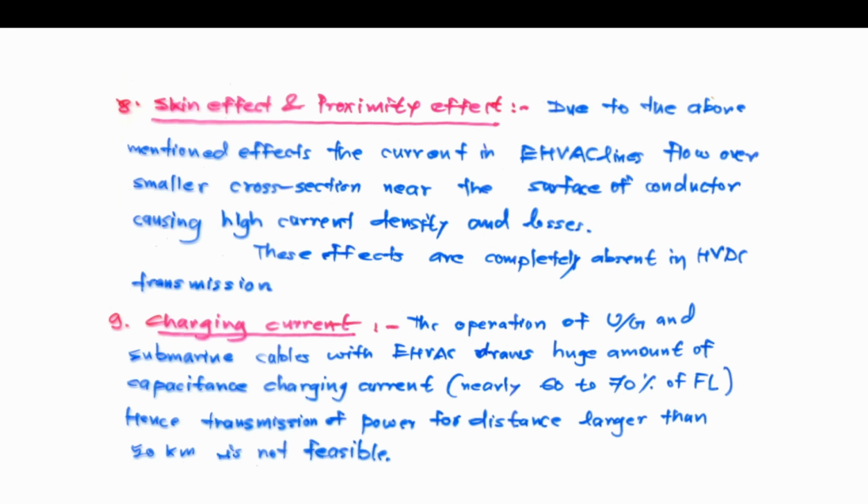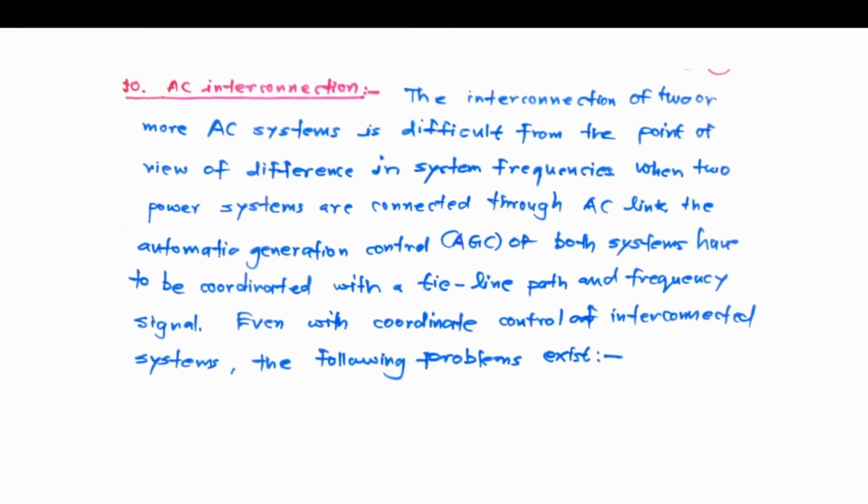Okay, so charging current. And lastly, we come to the interconnection of two or more AC systems. Please remember, interconnection of two or more AC networks, right? जैसे अगर समझो दो स्टेट्स है, महाराष्ट्र एंड आंध्रा. Then there is always some exchange of power between them in order to compensate for any excess capacity or increase in the demand.